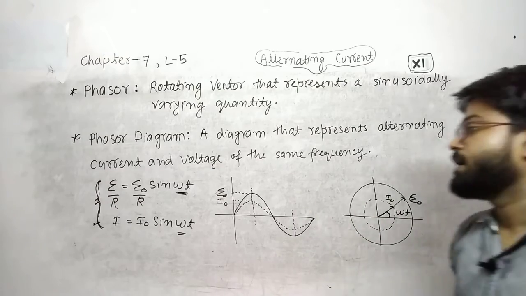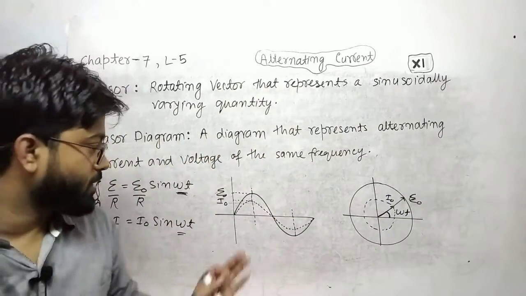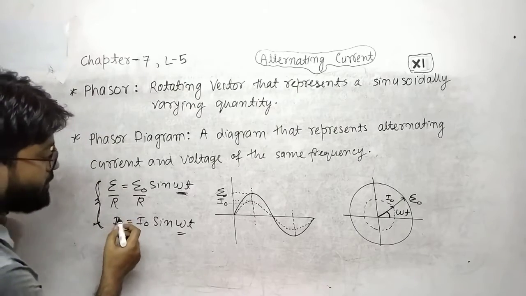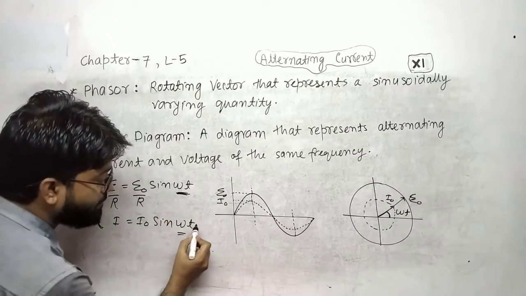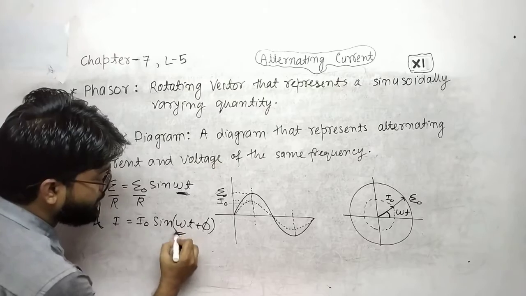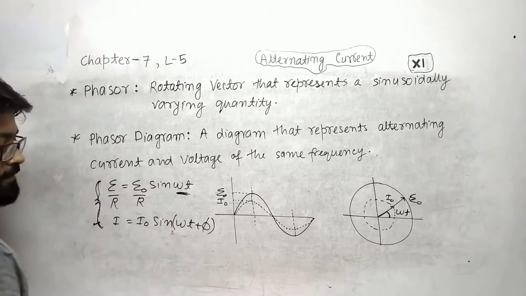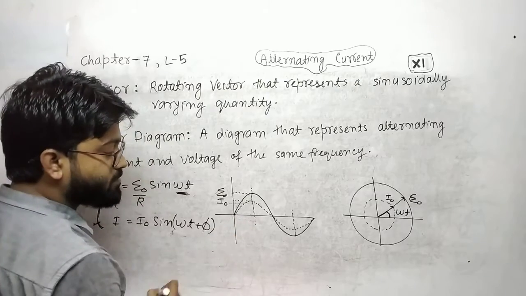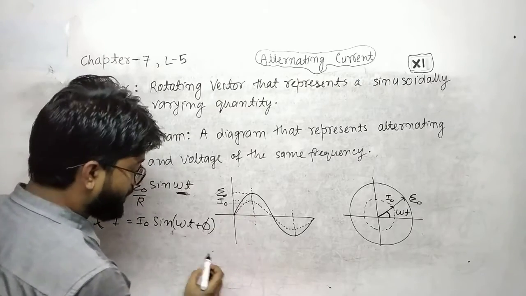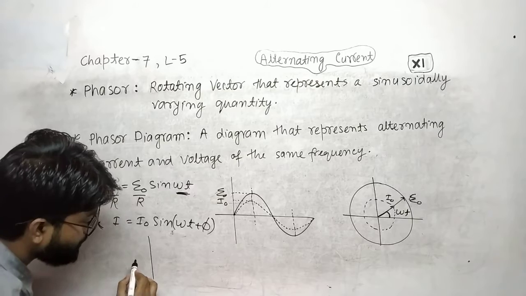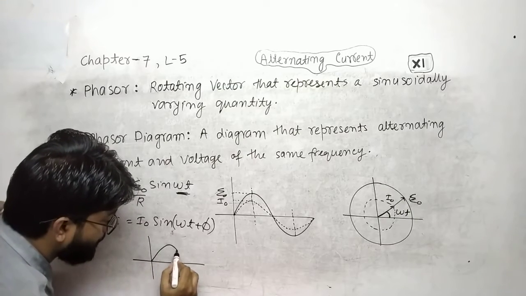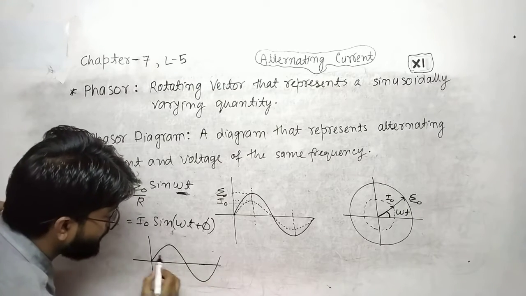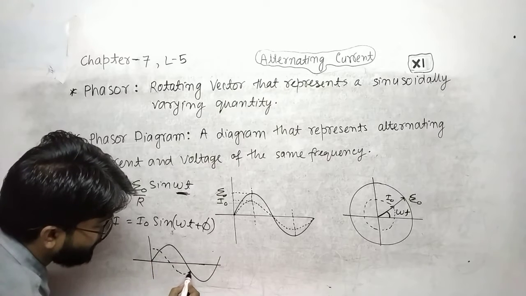Now let us discuss more here. When the phase, meaning the angle between current and voltage, is not the same, the current will not start from 0, it will start from there. This is for potential, and this is for current.